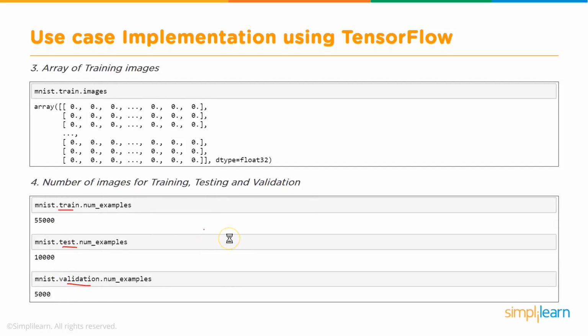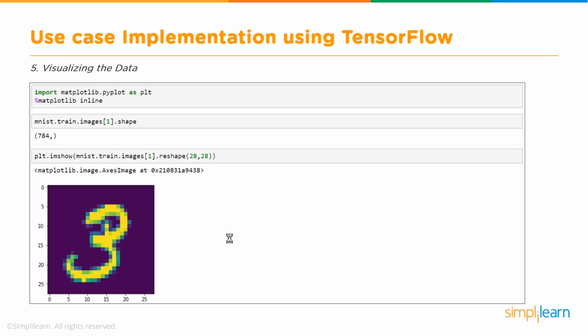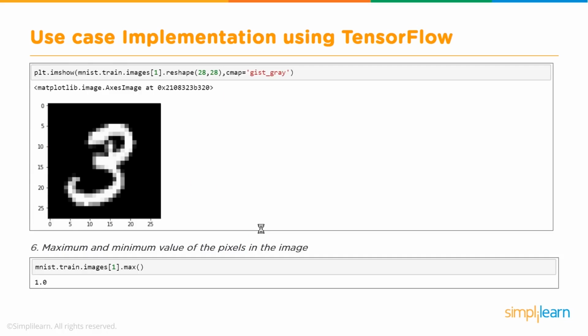All right, so let's move on, and we can view the actual image by using the matplotlib library. This is the code for viewing the images, and you can view them in color or in grayscale. The cmap tells in what way we want to view it.